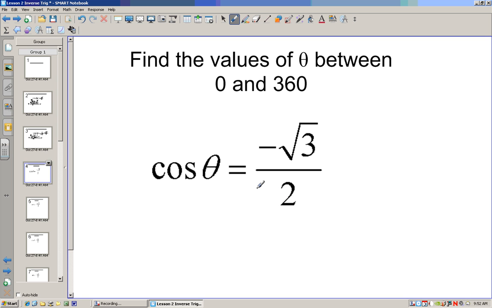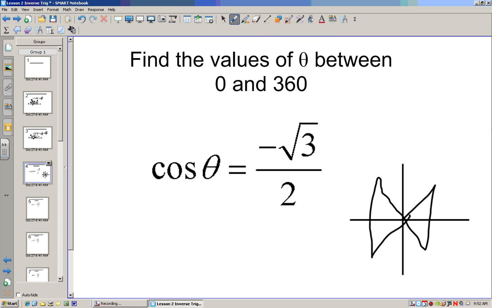All right, now this is getting to what we're going to do today. We want to find all the values between 0 and 360 where the cosine will be negative root 3 over 2. So what I'll do is I'll draw out the axes and draw all of the reference angles that are possible. Could have drawn those a little nicer. All right, so the cosine is going to be adjacent over hypotenuse.